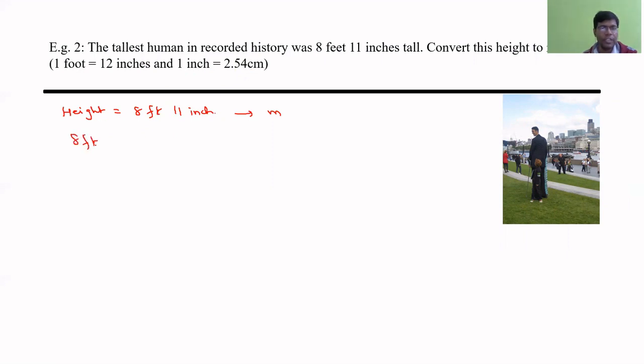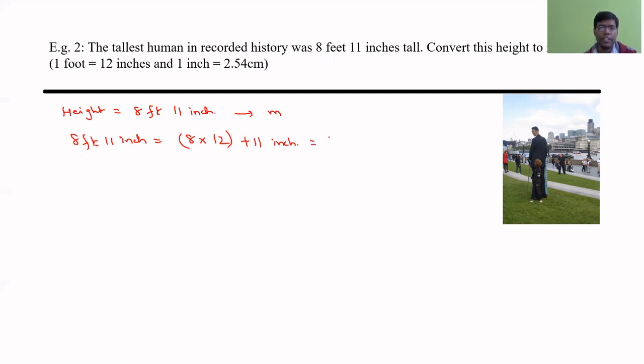So 8 feet 11 inch is nothing but 8 multiplied with 12. 1 foot has 12 inches, so 8 foot will have 8 multiplied with 12 inches plus 11.